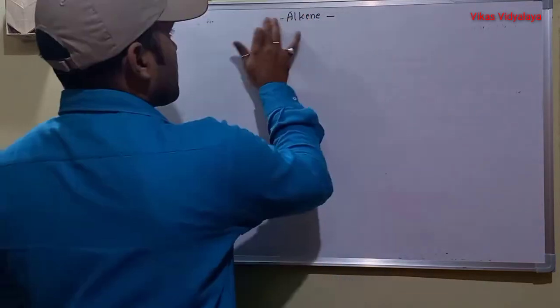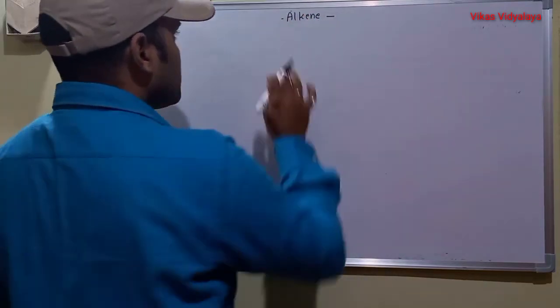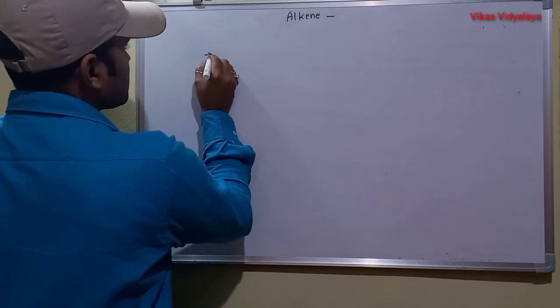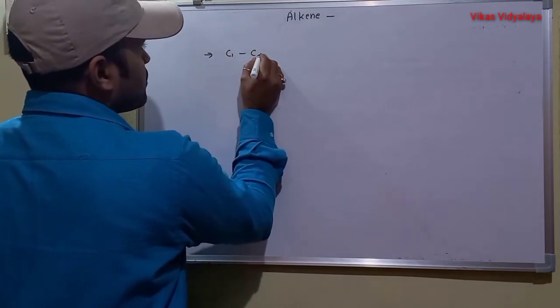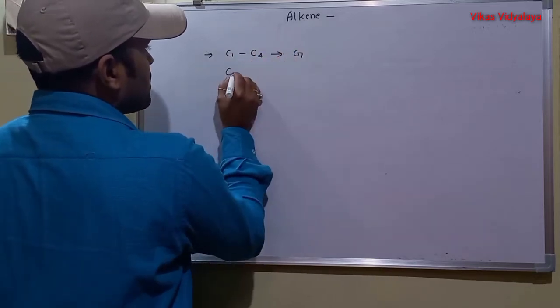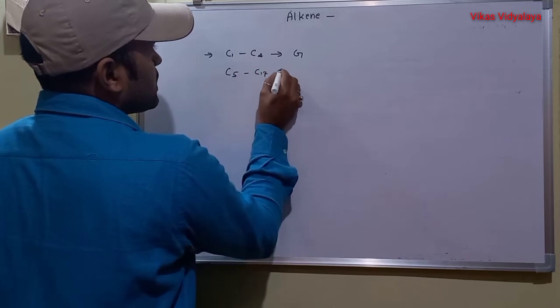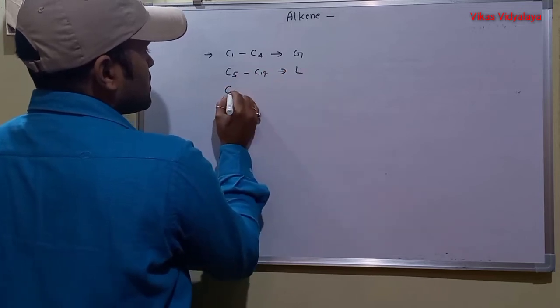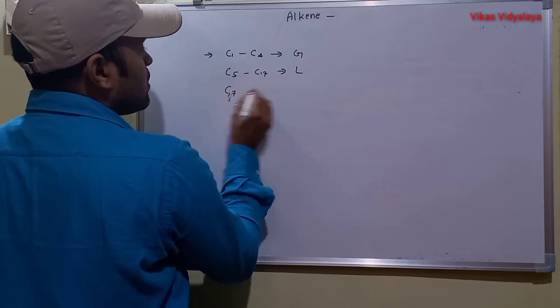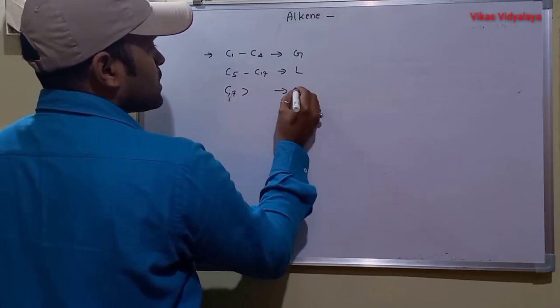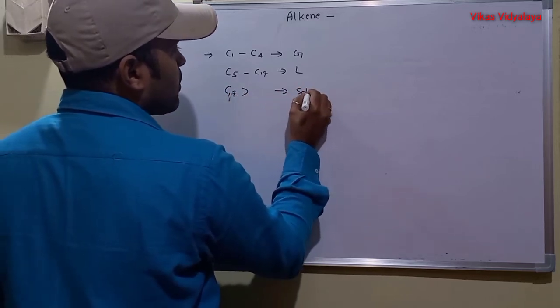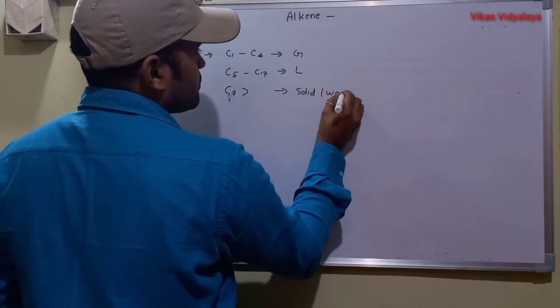Next are some physical properties. C1 to C4 exist as gas. C5 to C17 exist as liquid. More than C17 will exist as solid, like wax.